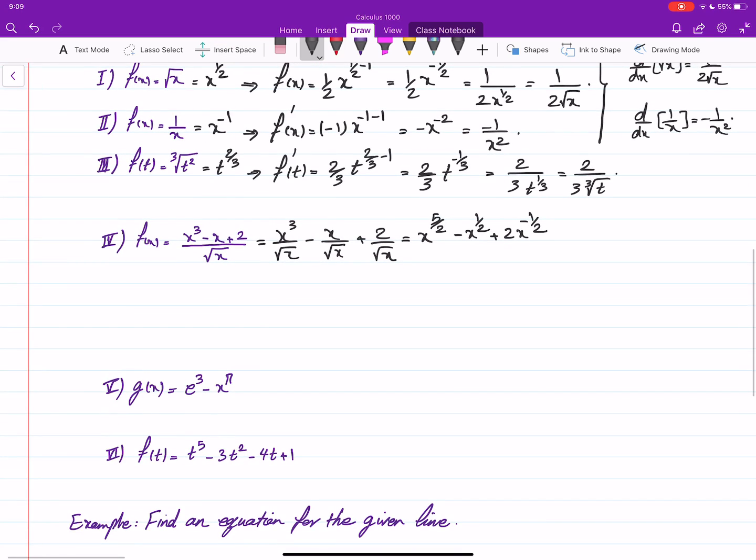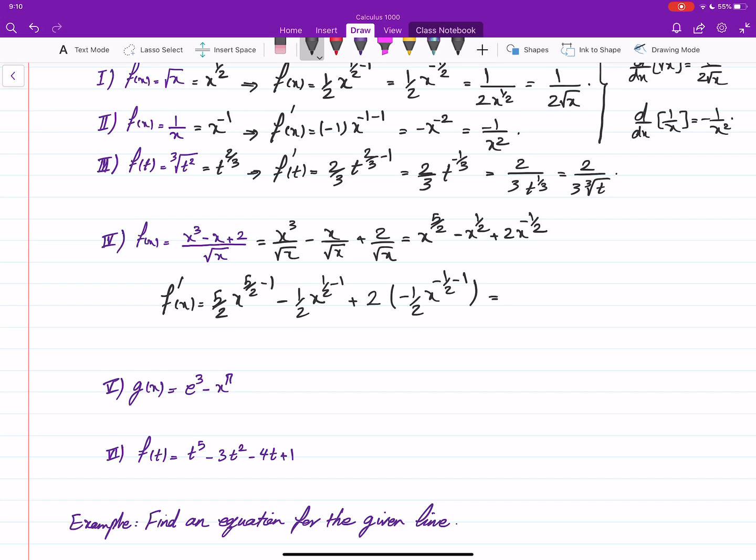Okay, nice. This way now you can differentiate this easily, because these are just the sum or difference rule, constant multiple, and power rule. So the first one is 5 over 2 x to the power 5 over 2 minus 1, minus half x to the power half minus 1, plus the constant multiple comes out, and then negative half n x to the power negative n minus 1.